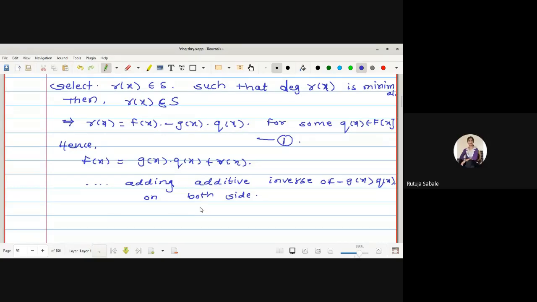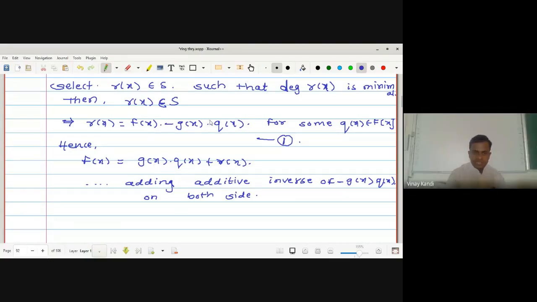Yes, sir. या स्टेपला रिझन काय? हे राईट हँड साइडला नाही घेता येणार. Adding additive inverse of minus g of x into q of x on both sides. याच्याकडे पण ऍड केला आणि याच्याकडे ऍड केला. हा तुमचा ऍडिटिव्ह इनव्हर्स. ओके, कोणाचा? याचा, या एलिमेंटचा. मायनसचा काय येणार? प्लस येणार. मीन्स I get f of x is equal to g of x into q of x plus r of x.